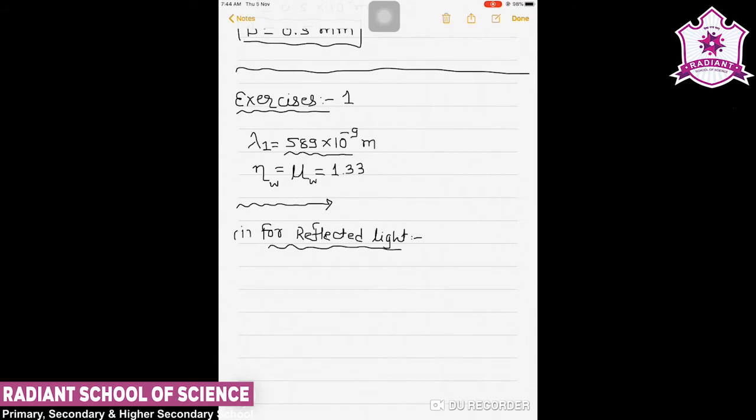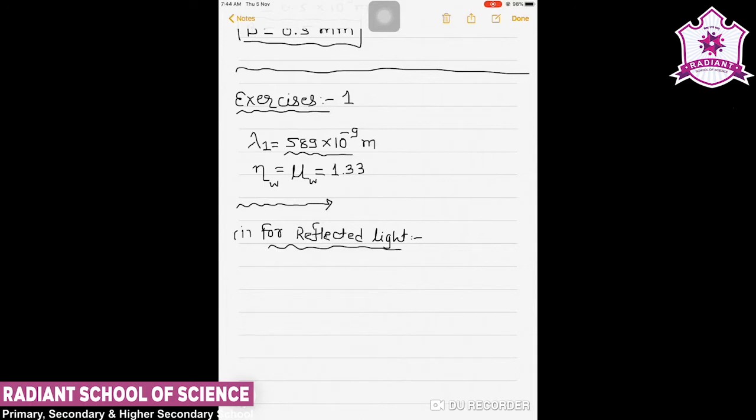What we can write over here is that the speed of light in a given medium is fixed and the frequency of light does not change when it is reflected from the surface. Therefore its wavelength should also remain unchanged, and therefore the speed of light is equal to the speed of light in air.